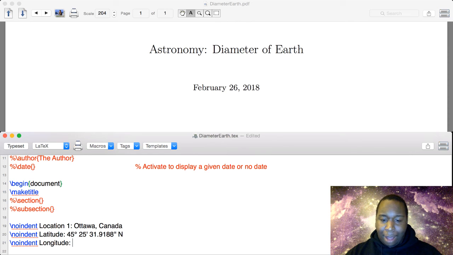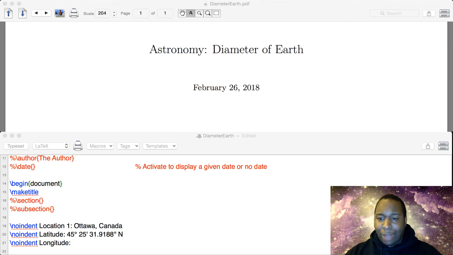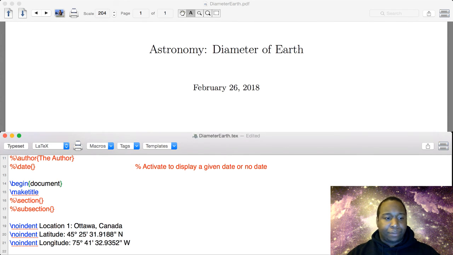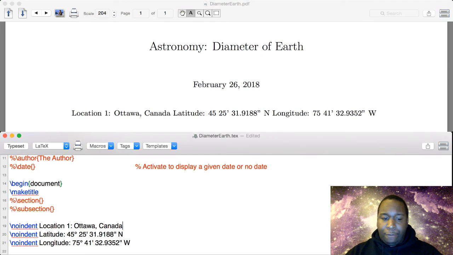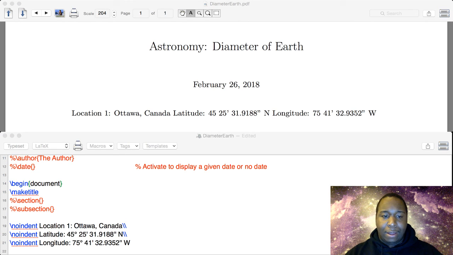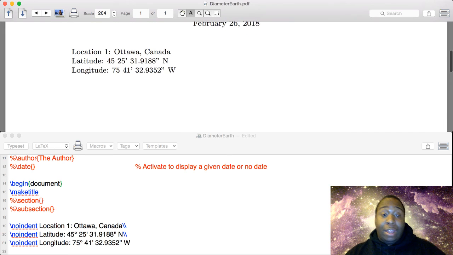And again, copying and pasting is our friend. Makes things so much faster. All right. And for formatting purposes, let's throw those in there as well. And got it.